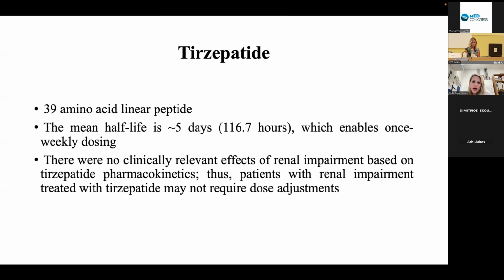It is a 39 amino acid linear peptide with a mean half-life of approximately 5 days, and for that reason, this gives us the opportunity to use it once weekly. There were no clinically relevant effects of renal impairment on tirzepatide pharmacokinetics, and for that reason, patients with renal impairment treated with tirzepatide may not require dose adjustments.